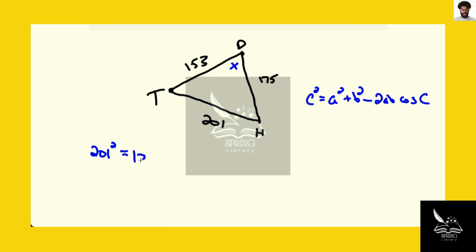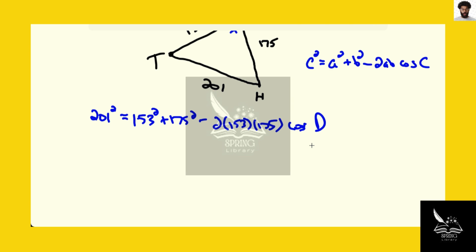So 153 squared plus 175 squared minus 2 times 153 times 175 times the cosine of angle C in the formula, but this is just the angle opposite. So I'm going to use D, for that's where Dick's tent is.